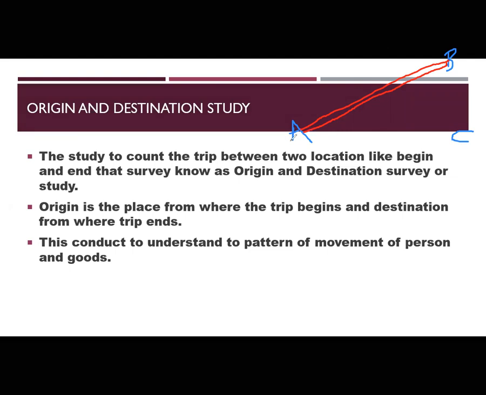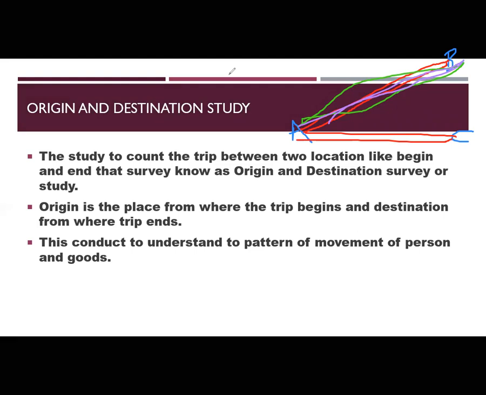Consider A to B, there is one trip, A to C is one trip, and such trips increase, like another vehicle moves from A to B, and then a third vehicle. So if the trips from A to B are more, a traffic jam or traffic problem might arise on the road from A to B.